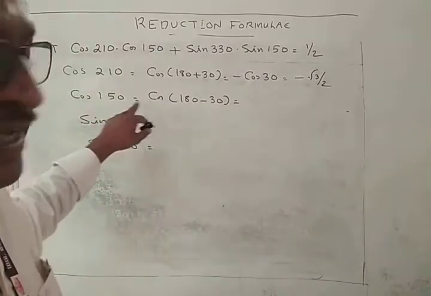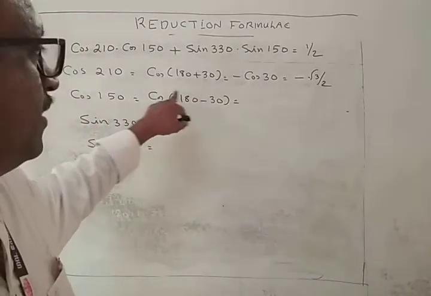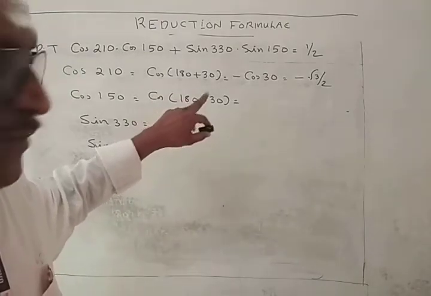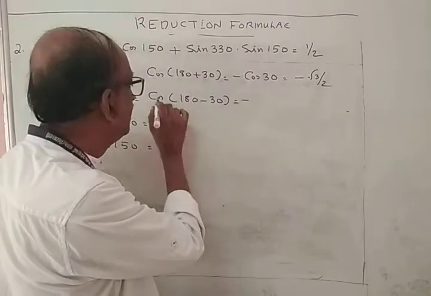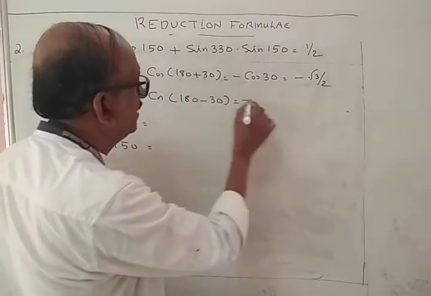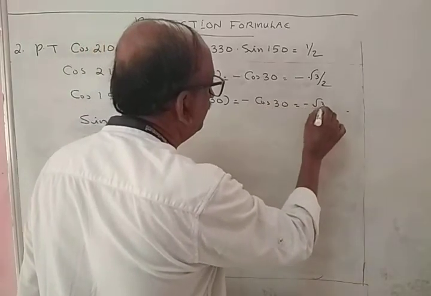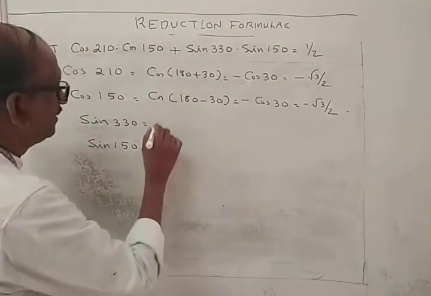Here cos 150. 150 is the same as 180 minus 30, and the quadrant is second. In the second quadrant, cosine is negative. Since the angle is 180, the answer is cos 30. Cos 30 is root 3 by 2. Next sin 330.